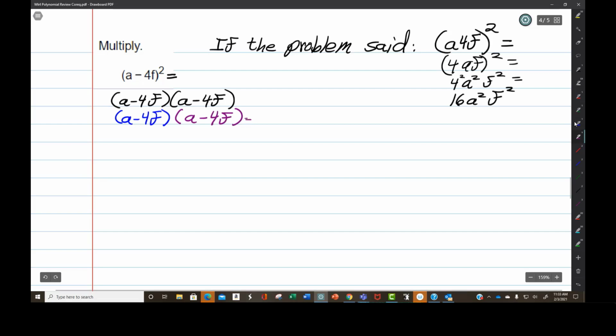Okay, and so this is going to equal A times A minus 4F, minus 4F, or plus a negative 4F, which might be better here, I don't know.